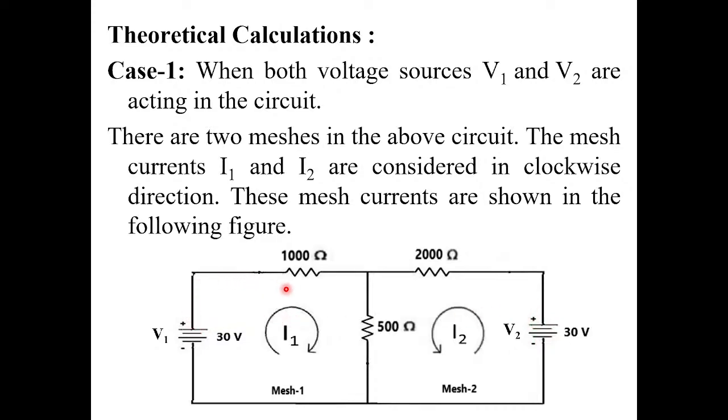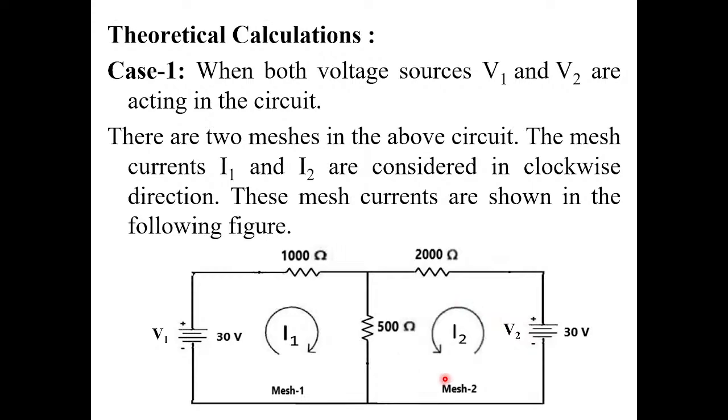Definitely current will flow in the clockwise direction into the circuit because of this source, and current will flow in the anti-clockwise direction because of this source. So that's why it's my wish. You can assume any direction for the current. Loop current direction can be any direction. So here I have assumed I1 current in clockwise and I2 current in anti-clockwise.